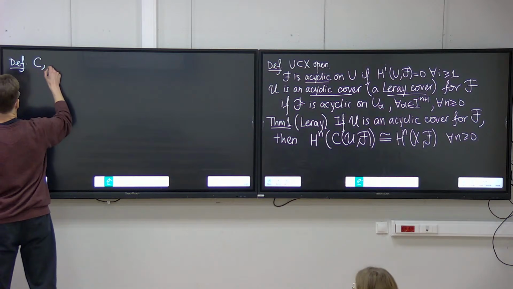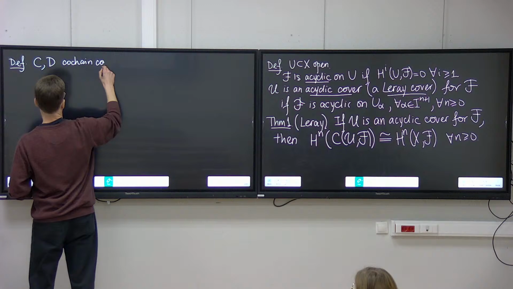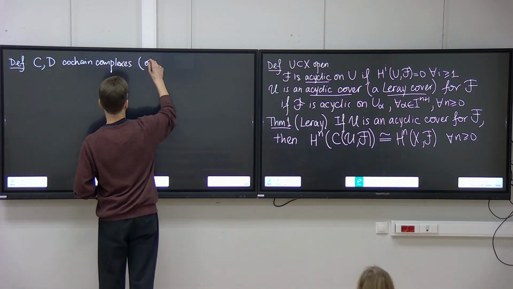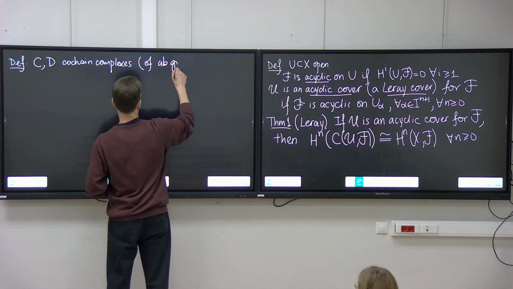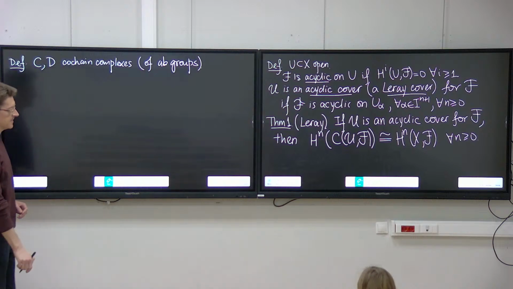Suppose we have two cochain complexes, C and D, for example, of abelian groups, but in fact, the definition makes sense in any abelian category.